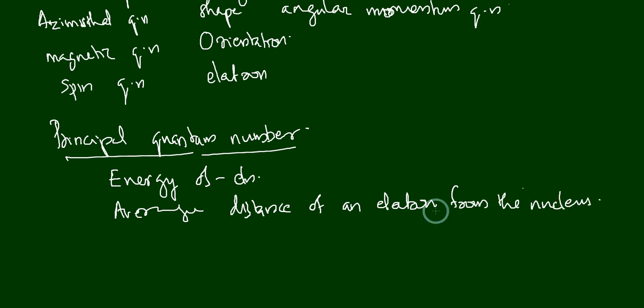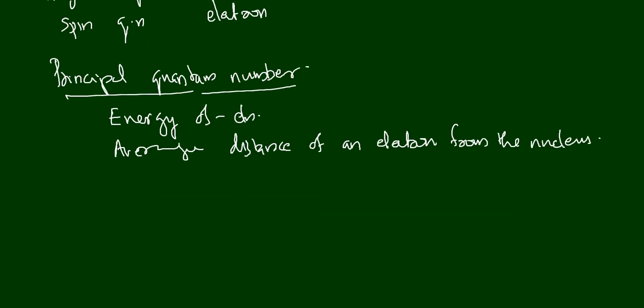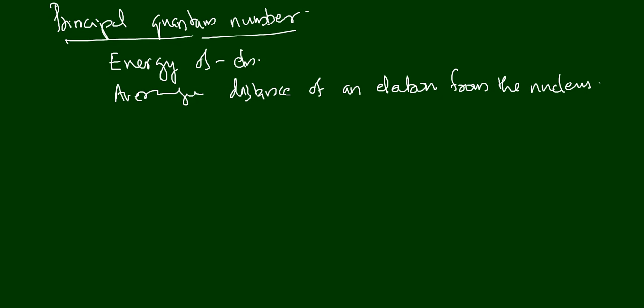You have already become familiar with this quantum number if you have learned the Bohr atom model. The principal quantum number is represented by the letter n. n can have values 1, 2, 3, 4, etc. If n is equal to 1, it represents the K shell.